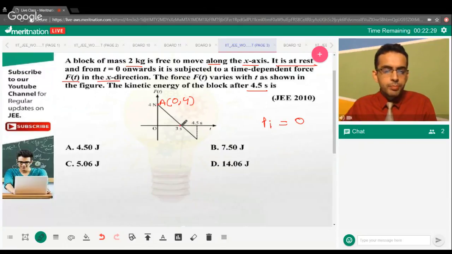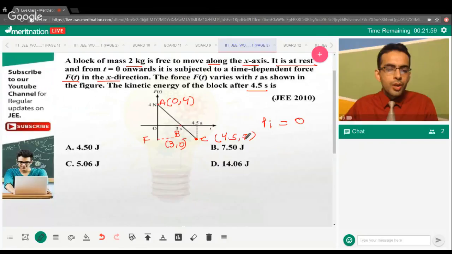Let's say this point is B, and the coordinates of this point are (3, 0). And let's say this point is C, and we are assuming that the value of force at point C is F, so the coordinates are (4.5, F).